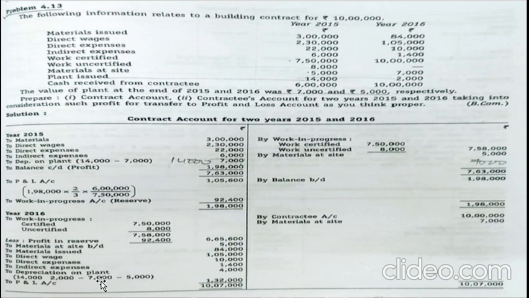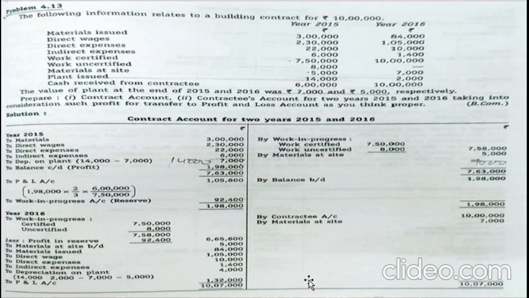With that, we will minus the value of the asset at the end of the year, which is 7,000 and 5,000. Why we are minusing is to find out the depreciation value. So 14,000 plus 2,000 minus 7,000 and minus 5,000 gives you a difference of 4,000. So the depreciation amount is 4,000.